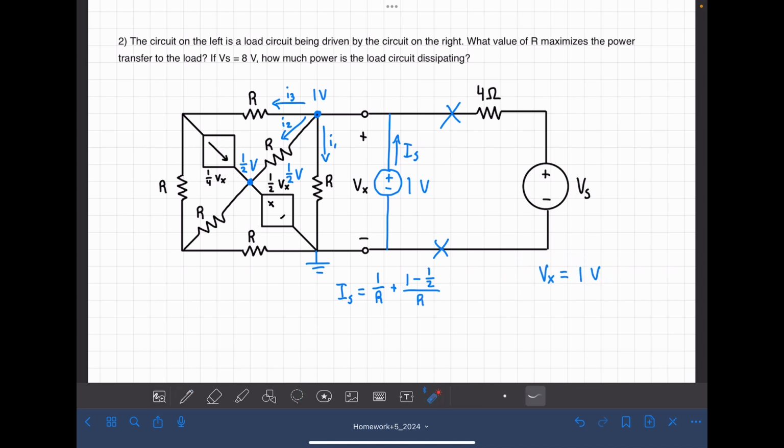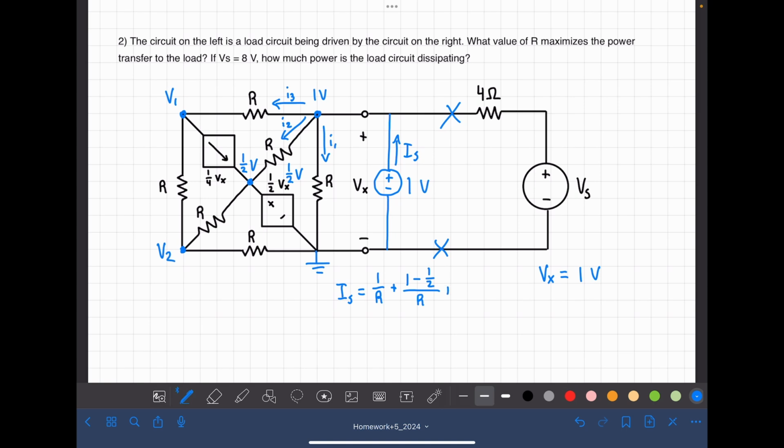And for this last current, we have another unknown voltage at this point here. So it doesn't look like there's any shortcuts for this one. We're just going to have to do node voltage analysis. So we'll call this one V1 and this one V2.